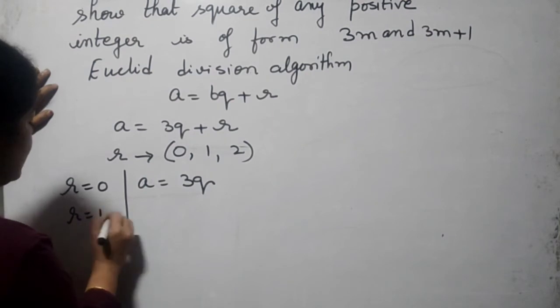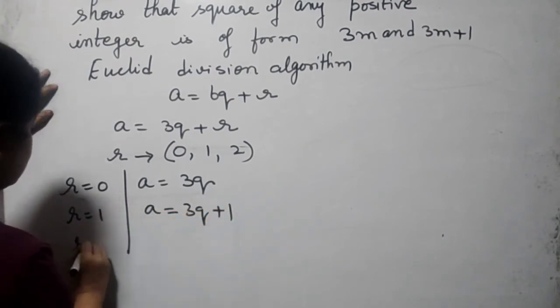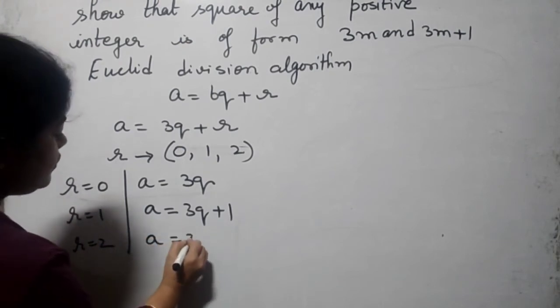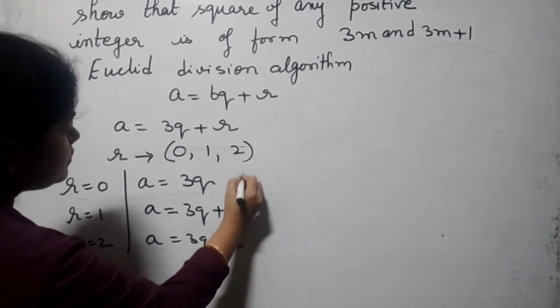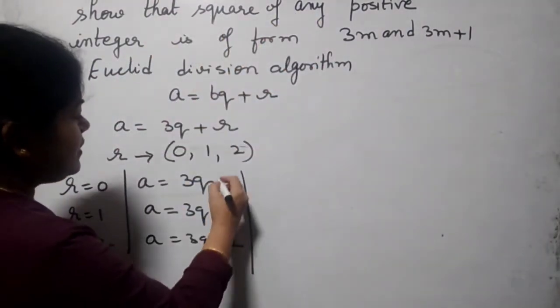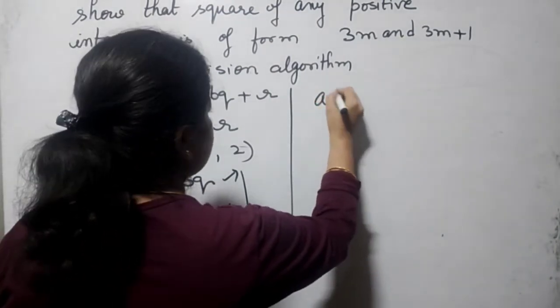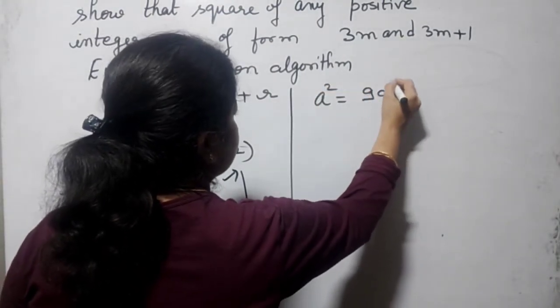R is equal to 1, A is equal to 3q plus 1. R is equal to 2, A is equal to 3q plus 2. Now in the question it is given to show the square of the numbers. That means when we square, A square is equal to 9q square.